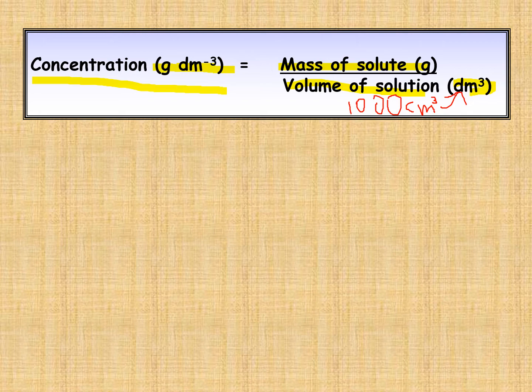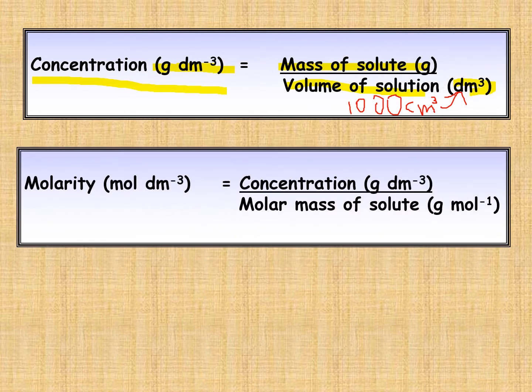Next one, we have molarity, concentration in mole per dm cube. From the units, we know that it is the number of mole over volume. This is how you convert from gram per dm cube into mole per dm cube.